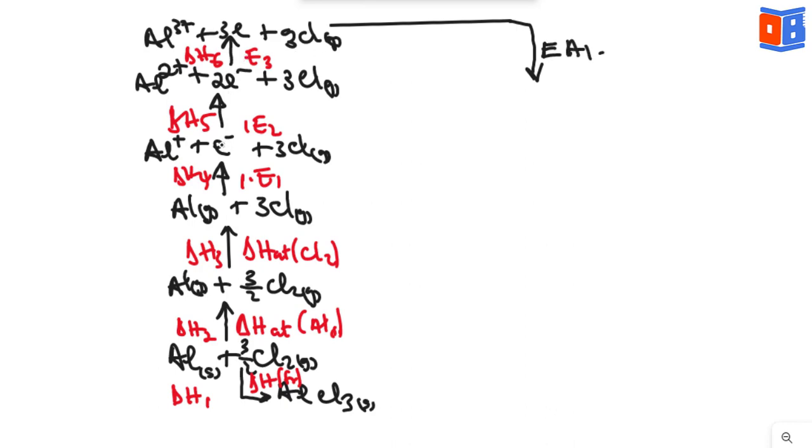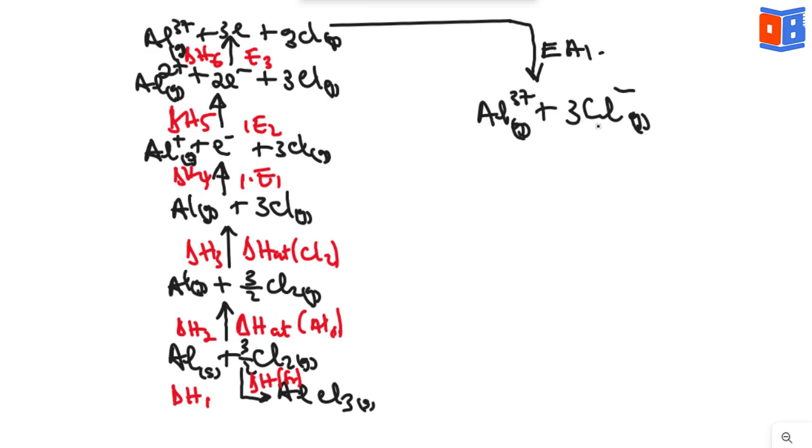Now we realize that there are 3 successive electrons that were removed, and there are also 3 different chlorine atoms, which means that each chlorine atom is going to receive 1 electron. So we are going to have Al 3 plus and 3 Cl minus. This is gas, this is gas. The states are very important. So we have these 2 gaseous ions formed, where each chlorine atom receives an electron, since there are 3 electrons that were removed from aluminium.